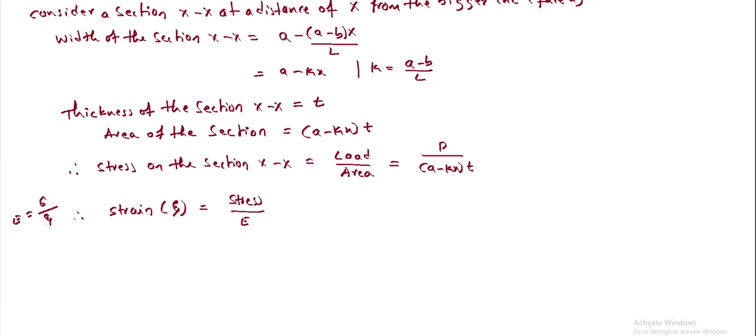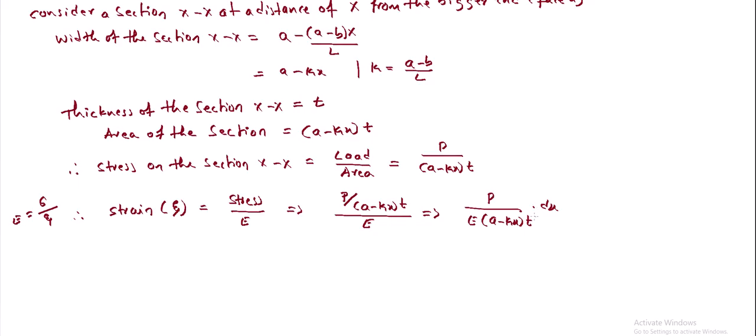Now I will substitute stress and E. The stress in the section is P by A minus Kx times T, divided by E. If I rewrite this equation, strain equals P by E times A minus Kx times T. This is the elongation expected in the strip.